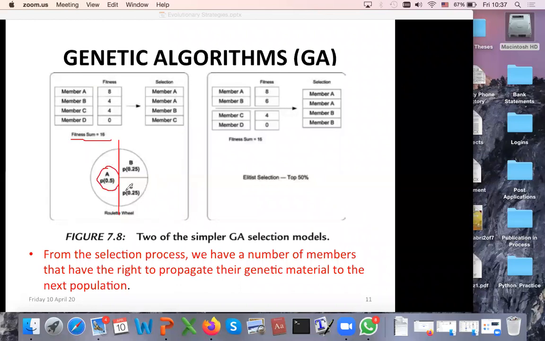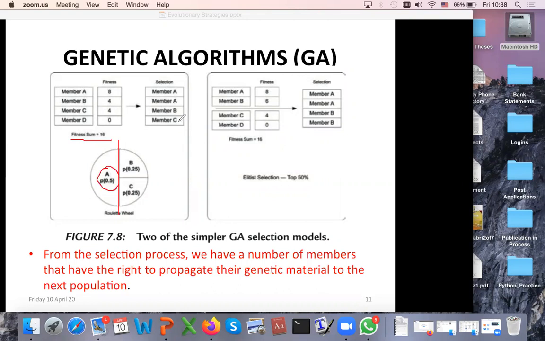So this is not a simple allotment. The concept of allotment is that there is a chance of member A being selected of half of the wheel, and there is a chance for B to be selected as 1/4 of the wheel, and the same is the case for C. So if I have to select 4 members, then I can select A 2 times according to its proportion, and I can select B and C according to their proportion. So we select A 2 times, B 1 time, C 1 time.